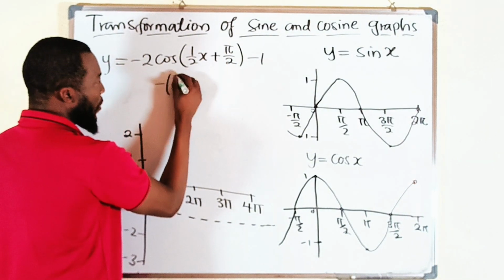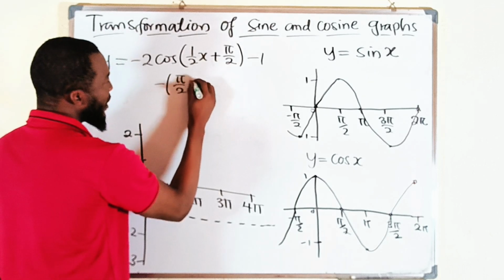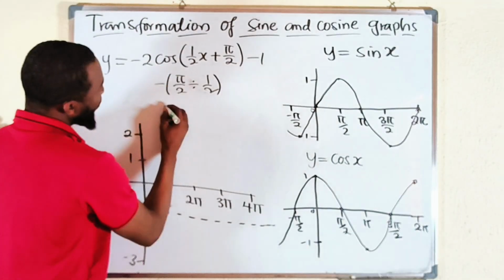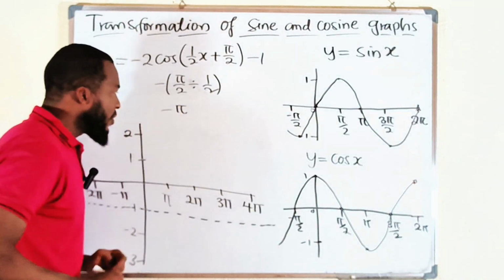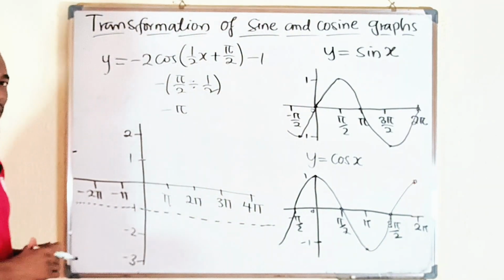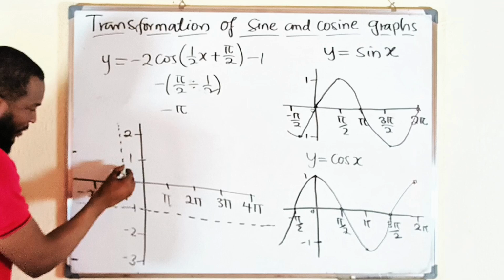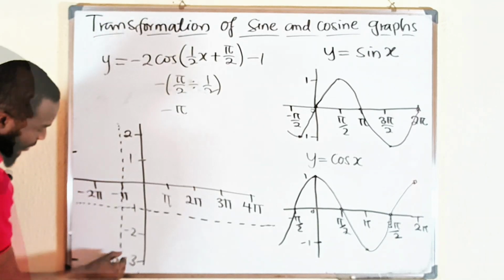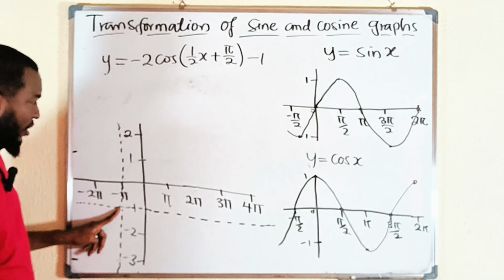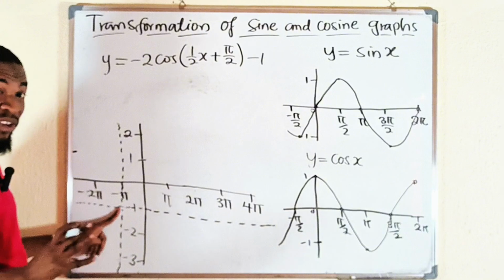Negative of pi over 2 divided by 1 over 2, which is going to be -pi. So it means that it is going to be shifted pi to the left. So you see -pi here? All right, so this is our origin, the intersection between our two imaginary lines.